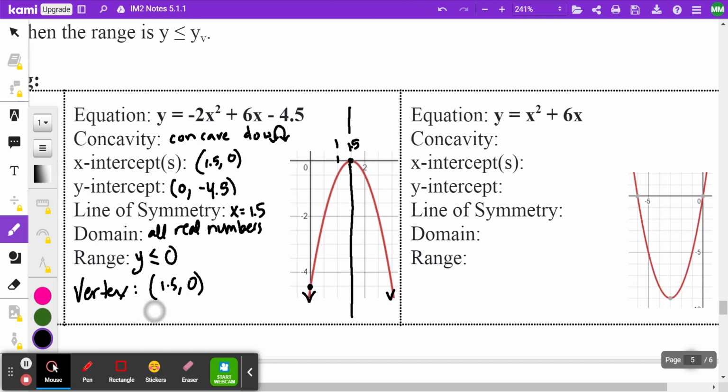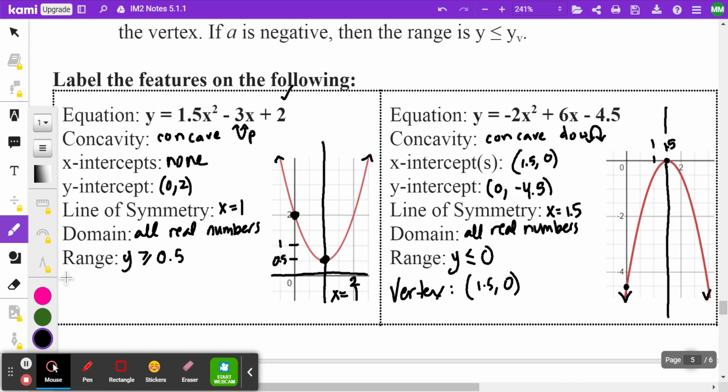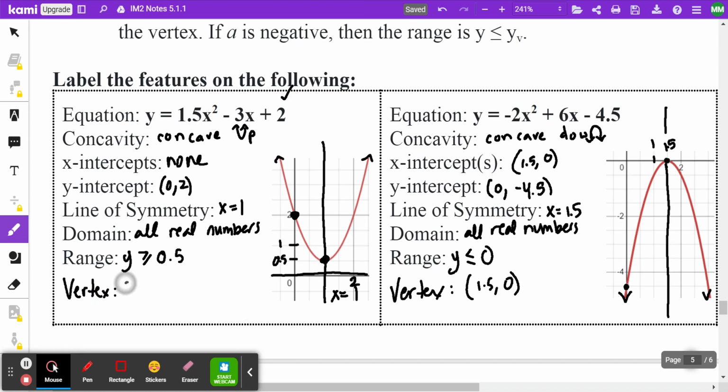And you know what? I forgot to put the vertex on the last one too. Add it right here. This vertex is at 1, 0.5.